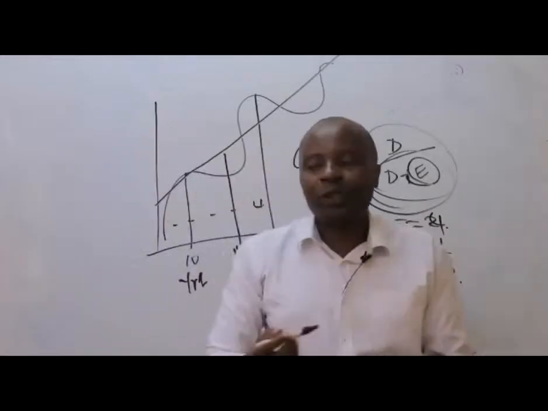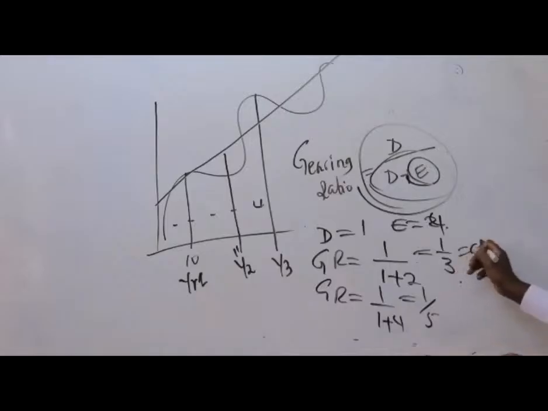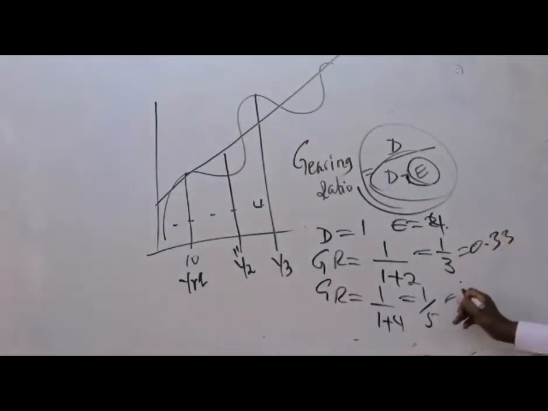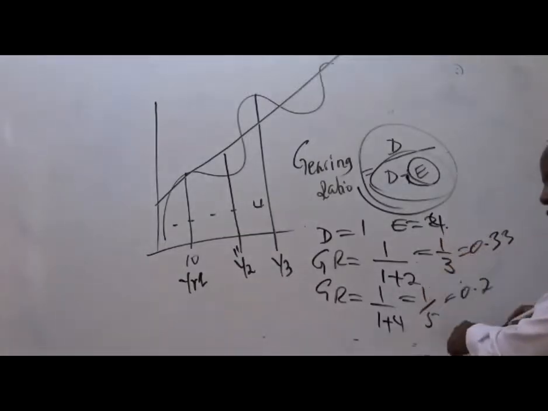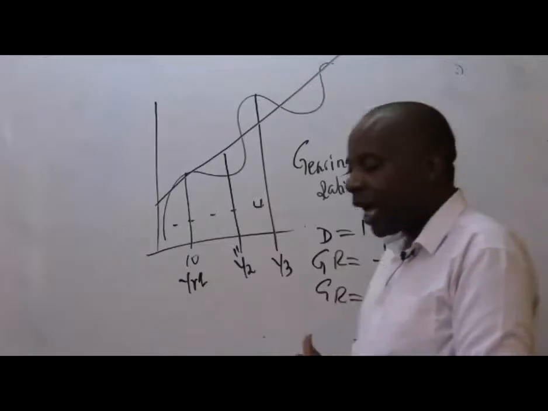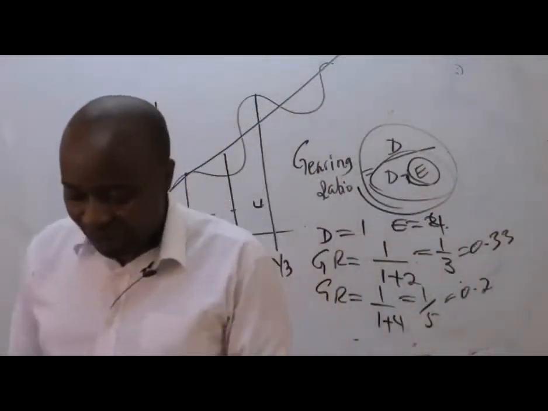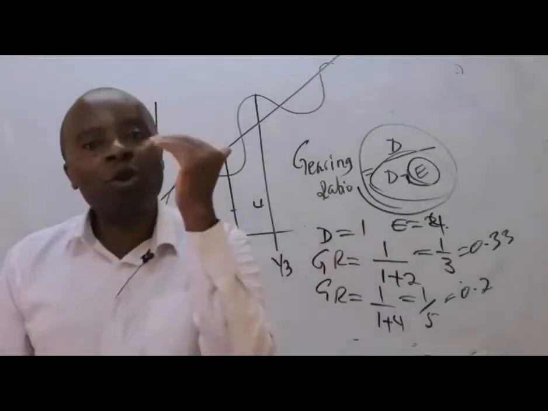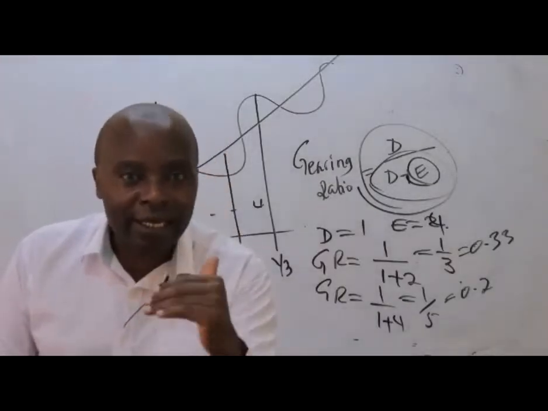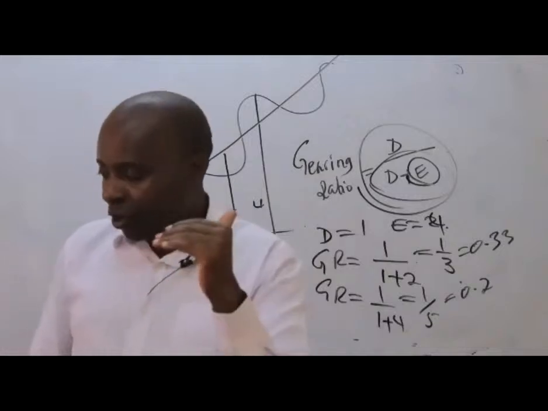If you try out this, the earlier one was 0.33. This will be 0.what here? 0.2. So of course you can see the effect. The gearing ratio has reduced. So when you give out shares instead of dividends, you are also lowering your gearing.